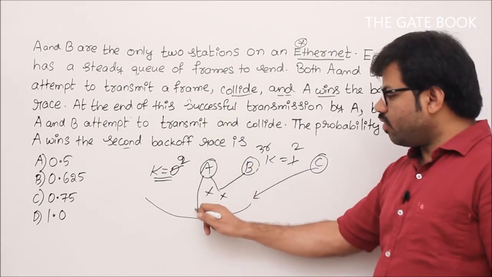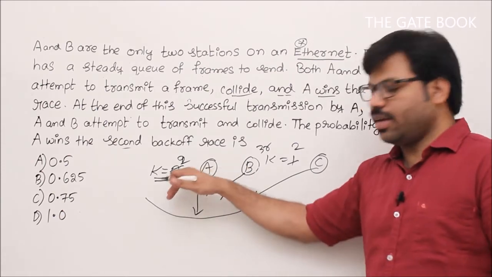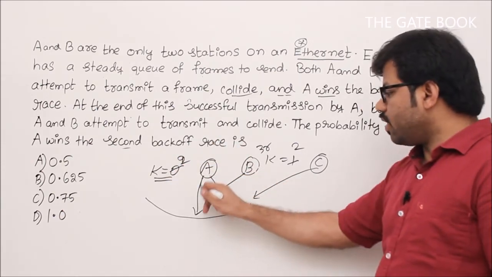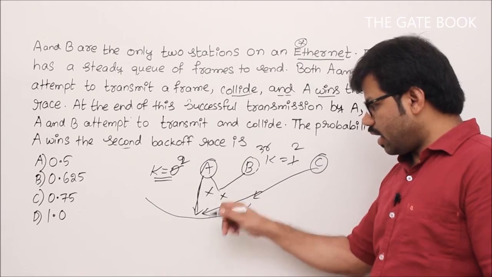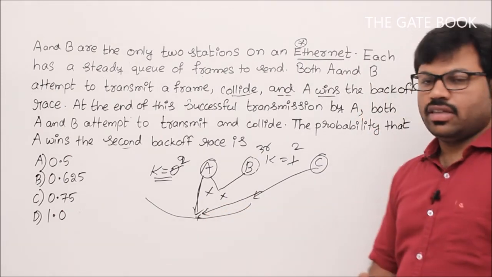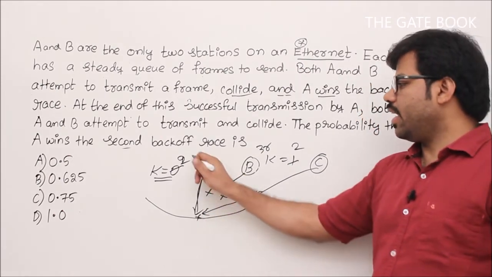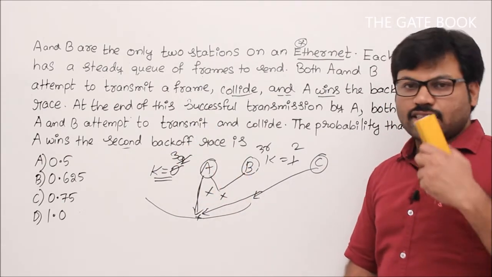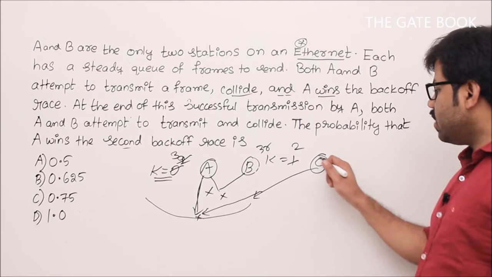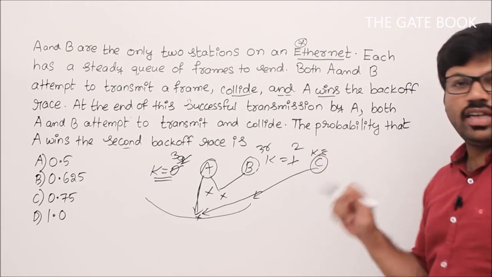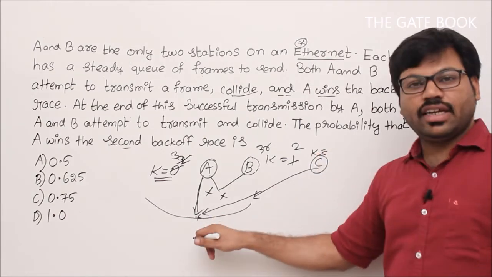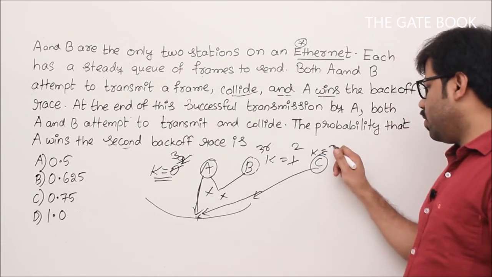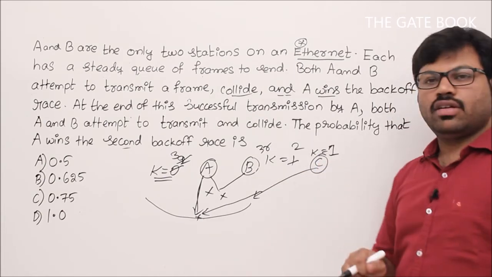But A immediately wants to send the data because of this k number. Then because of A and C's try, there is a collision, let's say. Then what is the number A gets? A gets 3, remember it, because this is the third successive collision for A. What is the value C gets? It is not 3 because this is the first time it is getting a collision for the particular frame. That's why the k value will become 1.